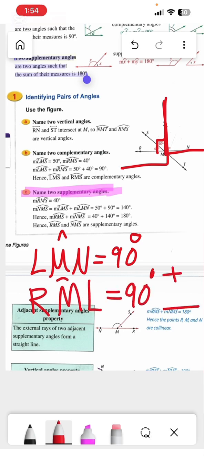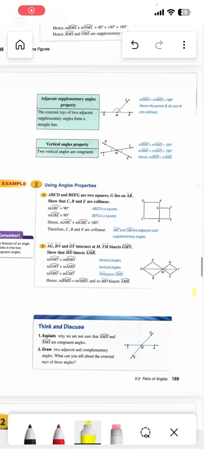Together, when you add them, they make up 180 degrees. That means they are supplementary angles. Now on page 189, we have two properties for angles. The first one is the adjacent supplementary angle property. The external rays of two adjacent supplementary angles form a straight line.